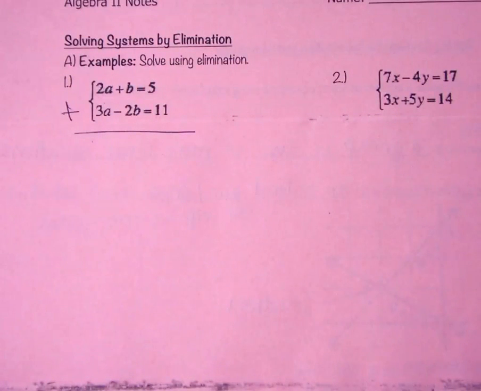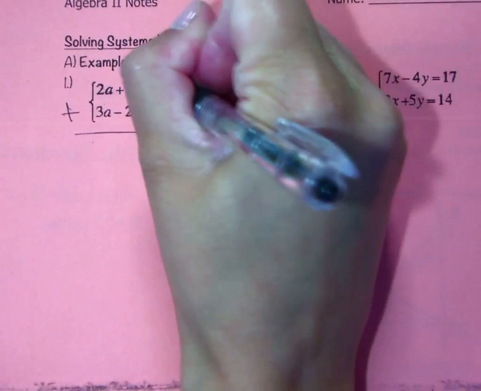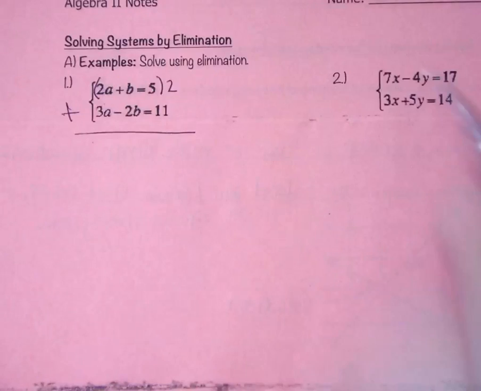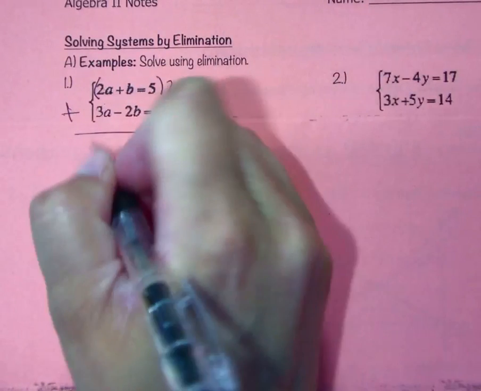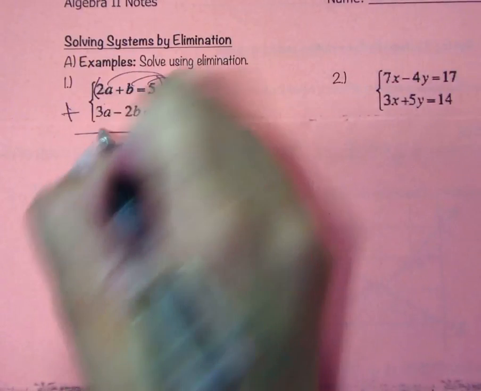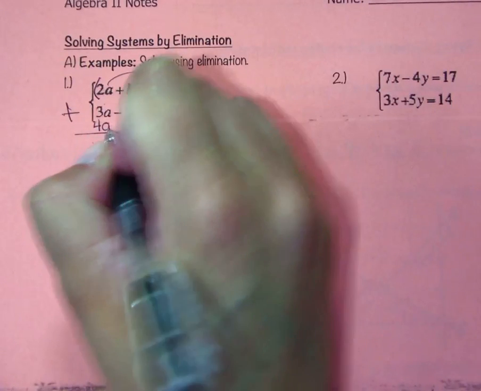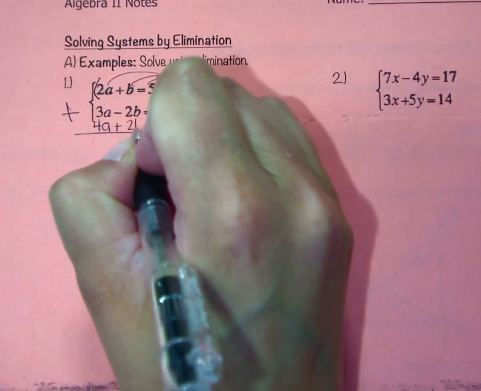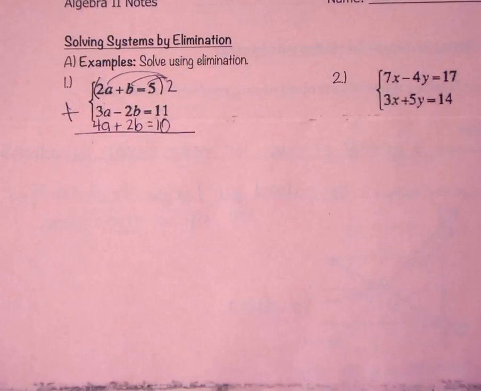My goal is to get one variable to completely add to 0, basically. So that's not really going to help us. Tori? Yeah, if we multiply the top equation all the way through by 2, let's see what happens. So we are going to distribute that all the way through. That gives me 4a plus 2b equals 10.